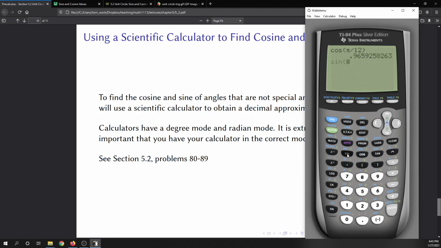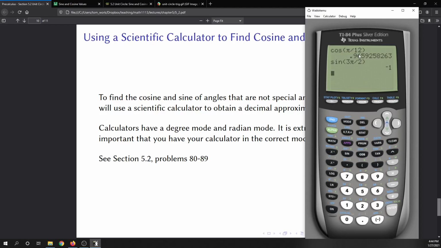Or if you want to have the sine, let's say, of 3 pi over 2, that'd be 3 pi over 2. Now your calculator might look slightly different. And this one we should get -1 when we do that. That's pretty much it.